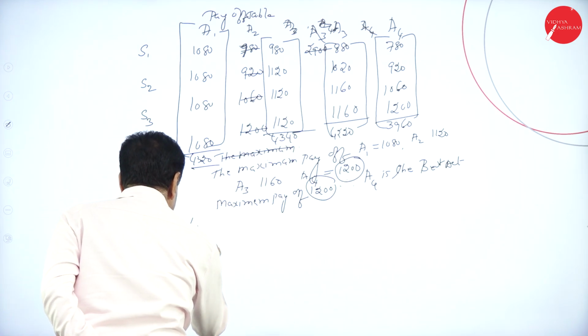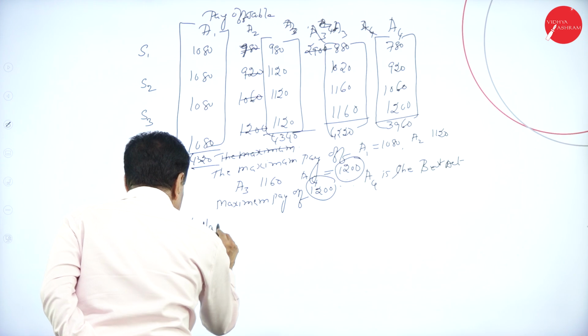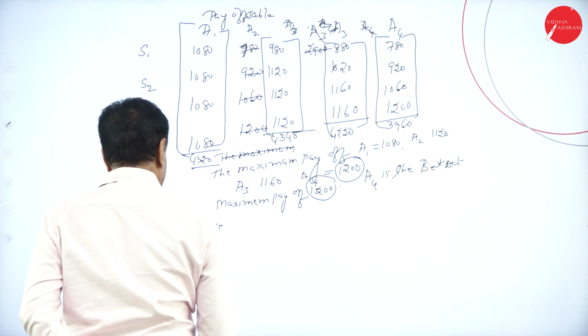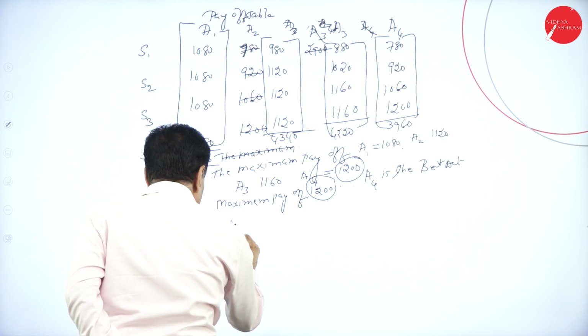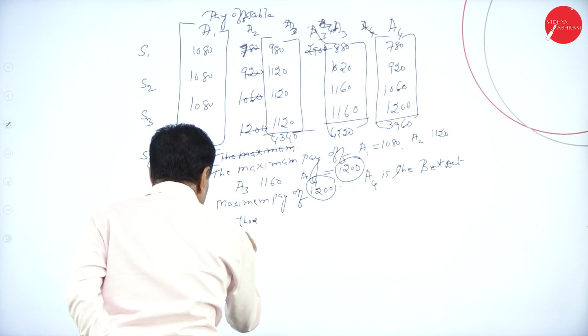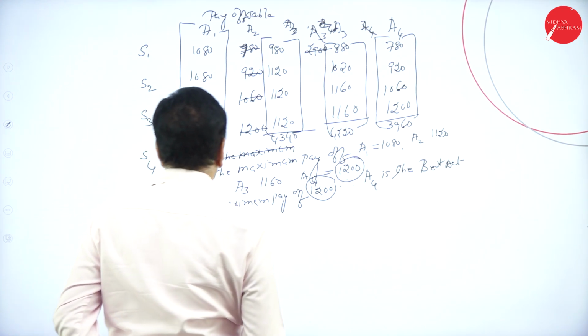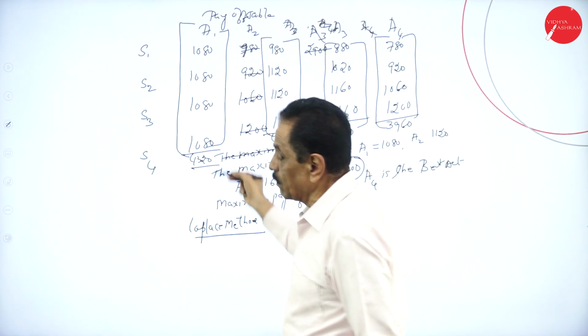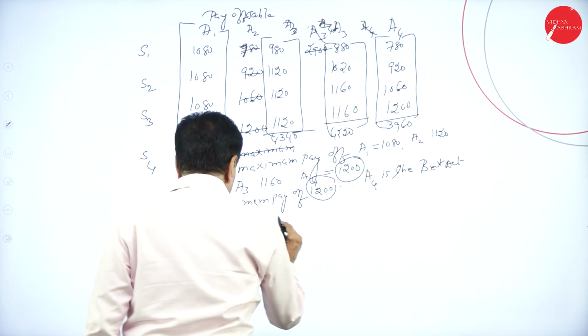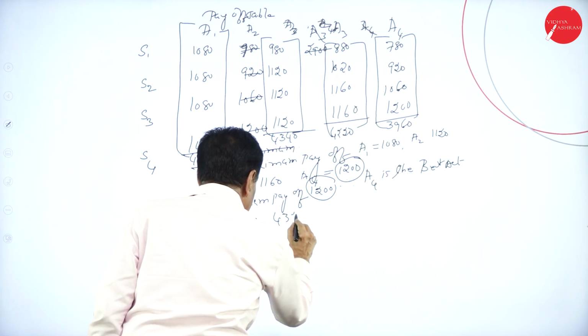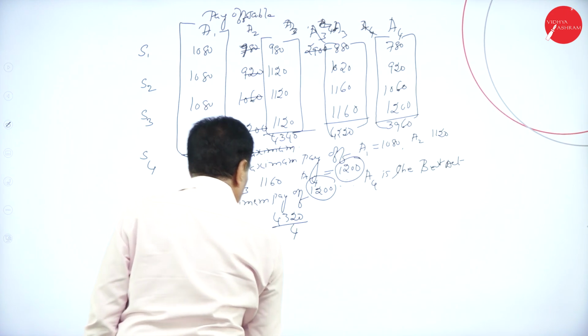Then Laplace method, which is how many alternatives are 4? 4320 divided by 4.